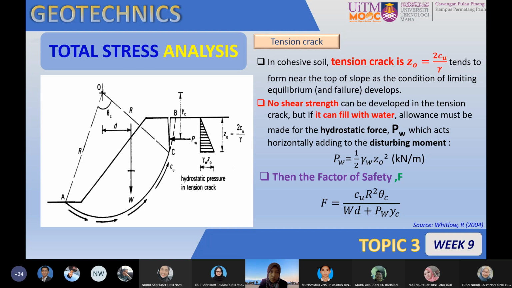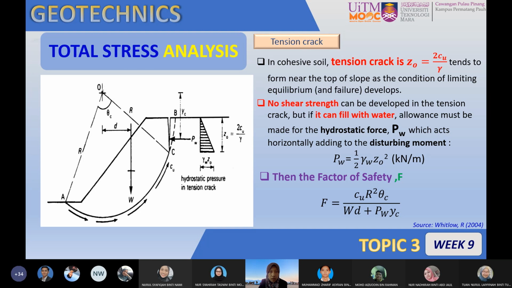So the FOS is equal to Cu R squared theta over Wd plus the hydrostatic force times the perpendicular distance yc. The yc is considered from 2/3 of z0 plus the height from the top of the slope to O. That is how we calculate the yc.